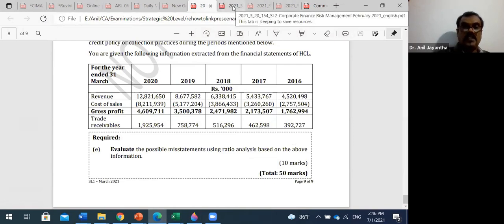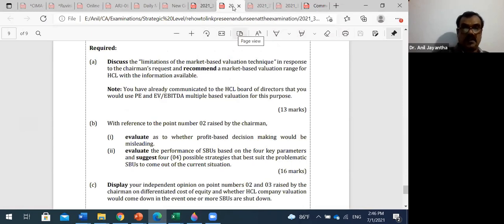Financial reporting one. The second one is this paper, financial management or corporate finance and risk management. What are the questions asked? First, discuss the limitations of the market-based valuation technique in response to the chairman's request, and recommend a market-based valuation range for HCL with the information available.